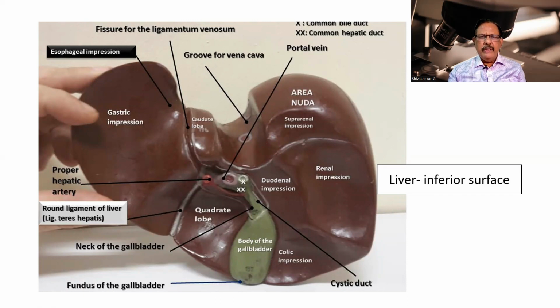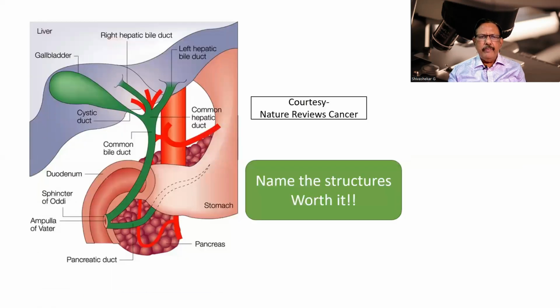But our business is histology. Here again, I am able to see the inferior surface. There is a gallbladder from which I am able to see a cystic duct. Then there is a left and right hepatic duct. They join together to form the common hepatic duct and then the bile duct, which opens into the ampulla of Vater.